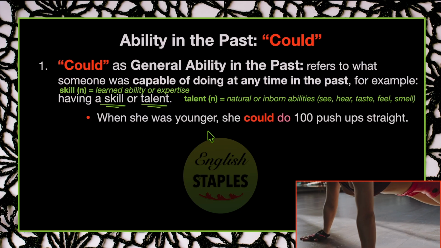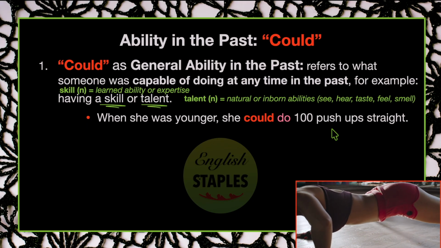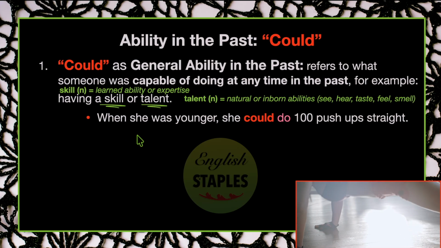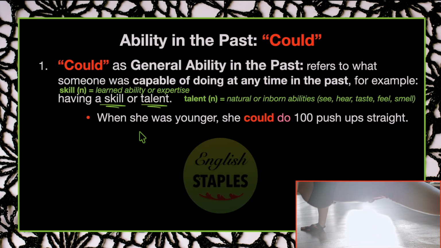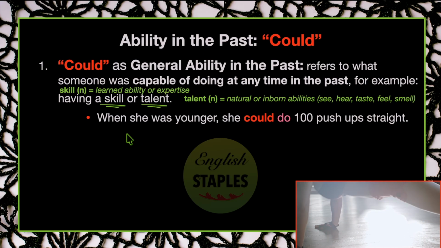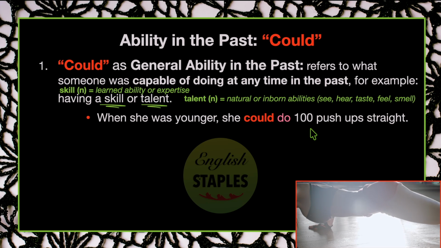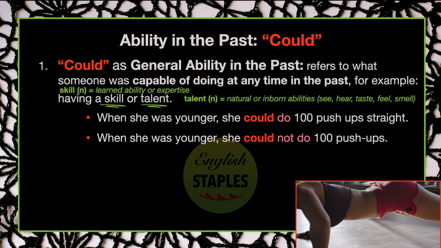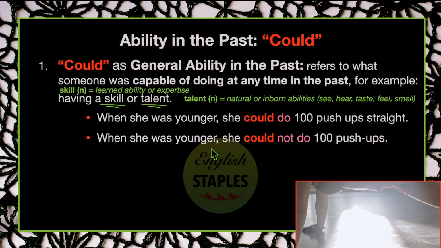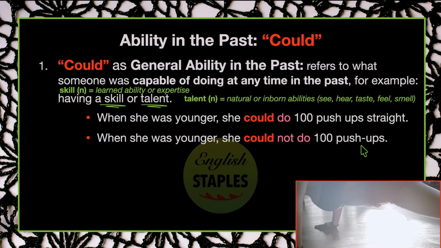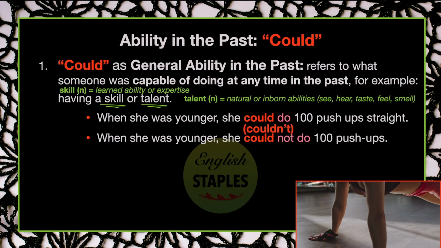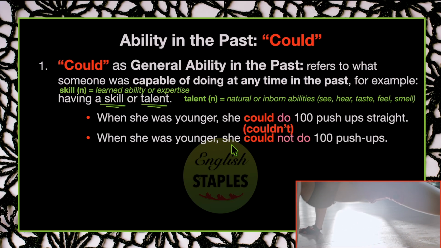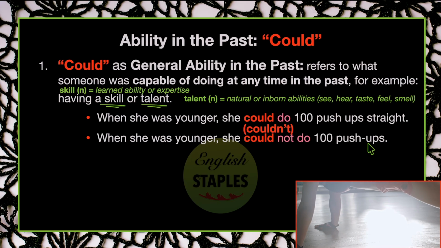When she was younger, she could do 100 push ups straight. So this sentence is in the affirmative. This is a skill. This is something that she learned to do, and over time, she could do 100 straight without stopping. In the negative, when she was younger, she could not do 100 push ups. And we can contract could not to couldn't. When she was younger, she couldn't do 100 push ups.